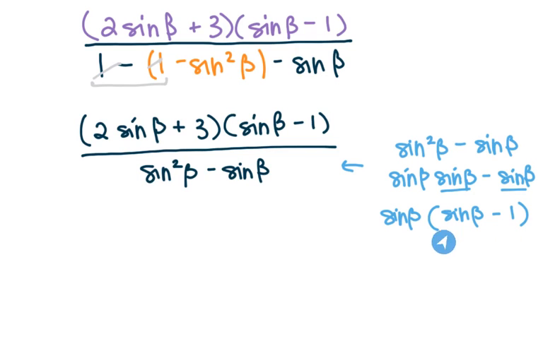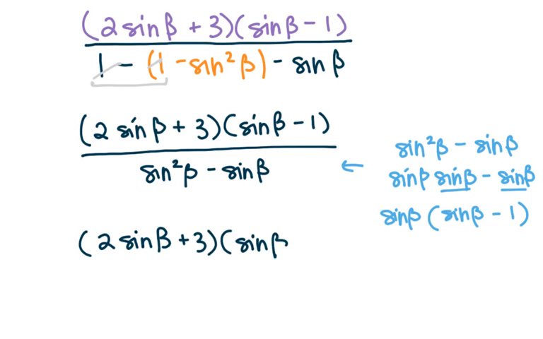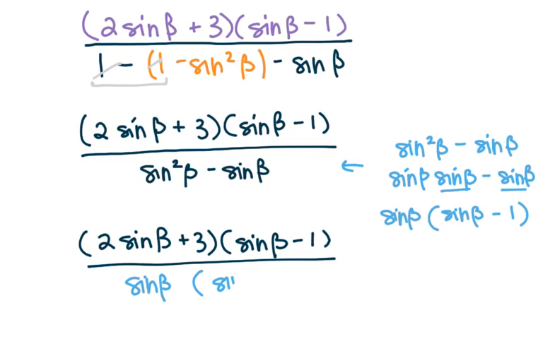And if you're unsure on factoring that GCF, remember you can always check by multiplying it back through. So now I have 2 sine of beta plus 3 times the quantity sine of beta minus 1 divided by sine of beta times sine of beta minus 1.